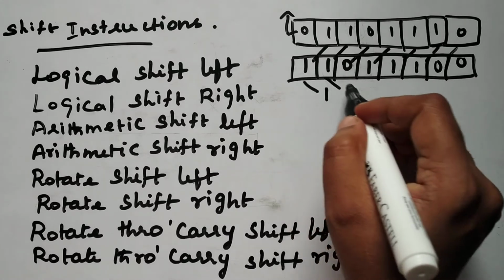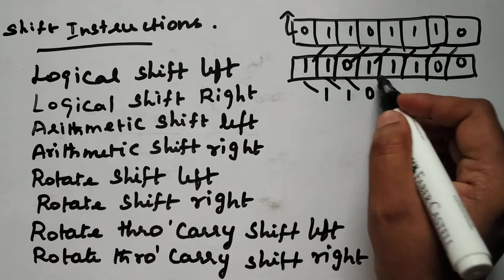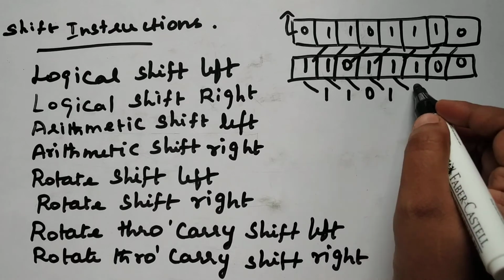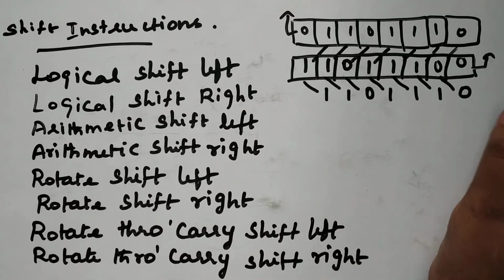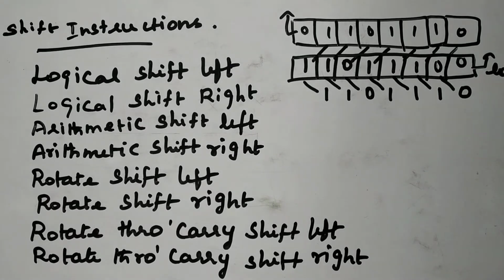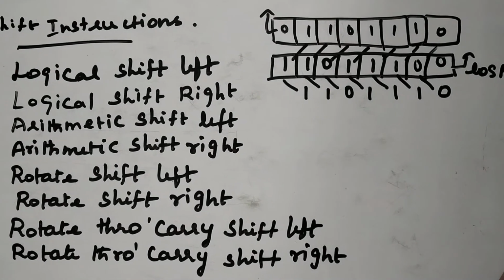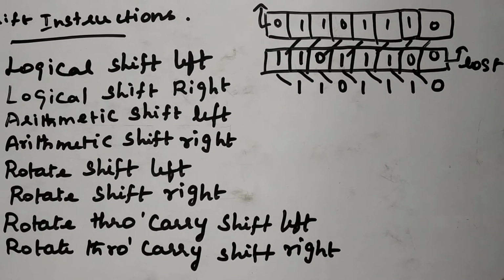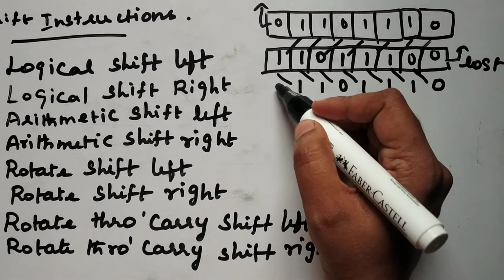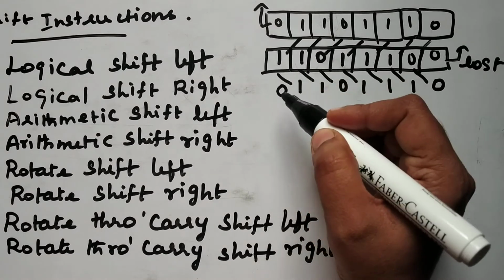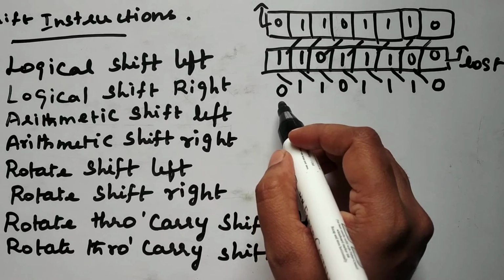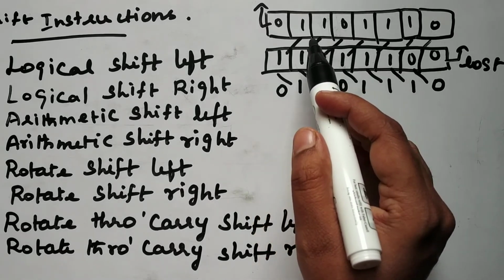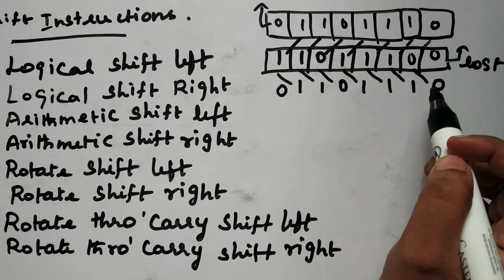So 1 will come here, this 1 will come here, 0 will come here, 1 will come here, 1 will come here, 1 0. This last bit will be lost. Lost means it will go off. We are not going to use this bit. And finally, in the most significant bit of the output we need to insert 0. One new bit will be inserted, which is very similar to the logical shift left. This is logical shift right.